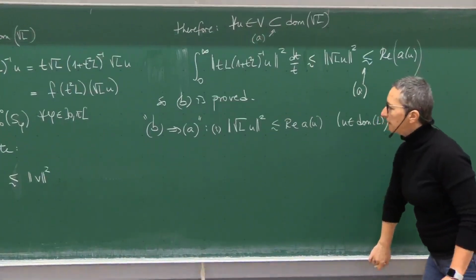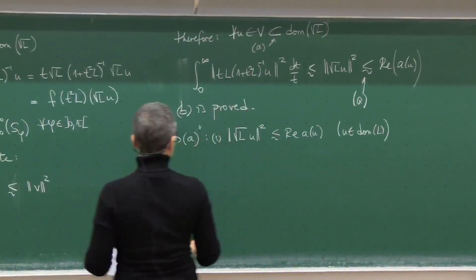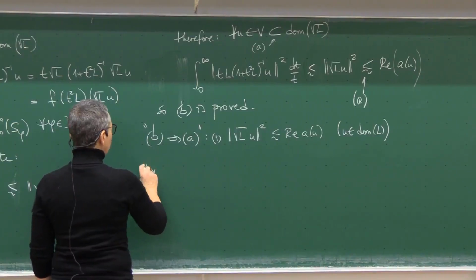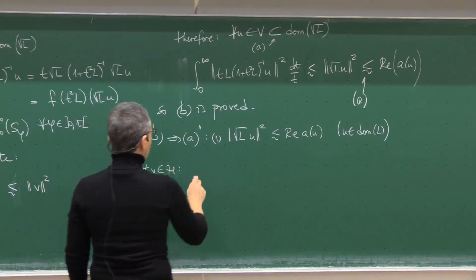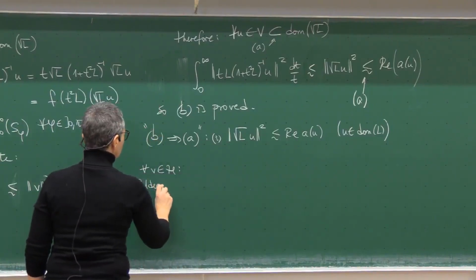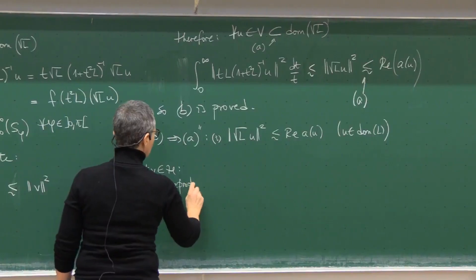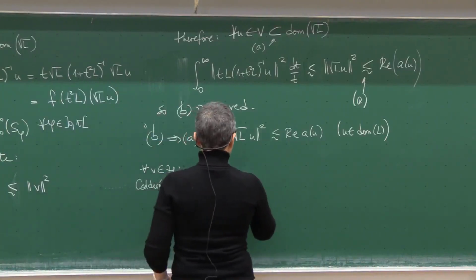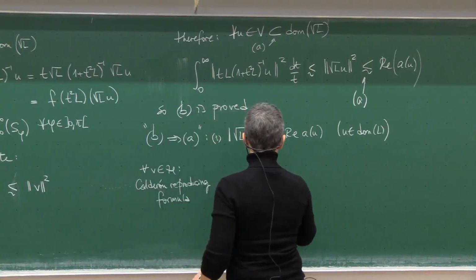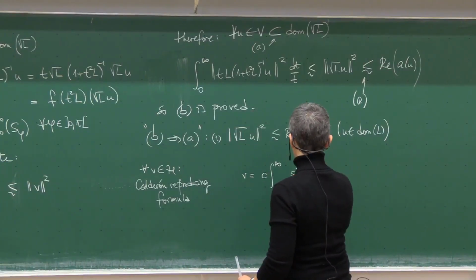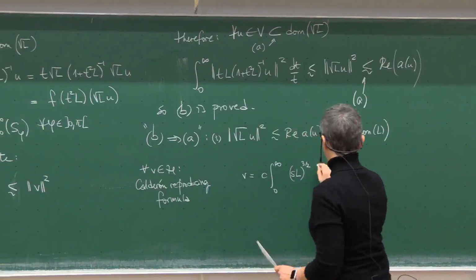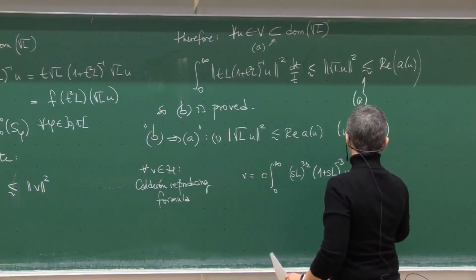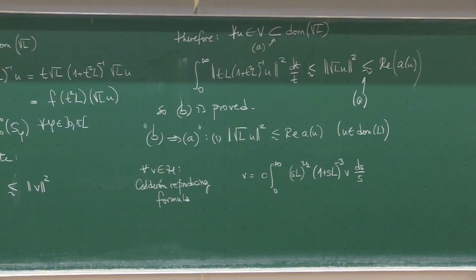So, how do we prove that? First, for all V in H, we have a Calderon reproducing formula, which implies that V is equal to a constant times the integral from 0 to infinity of SL to the power 3/2, times 1 plus SL to the power minus 3, applied to V, ds over S. So why is that?